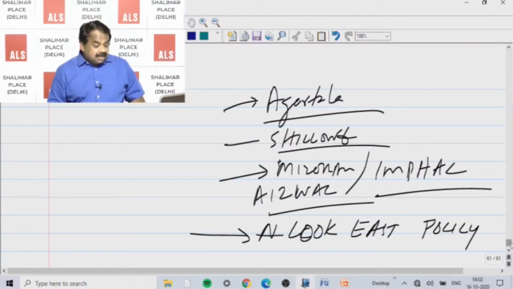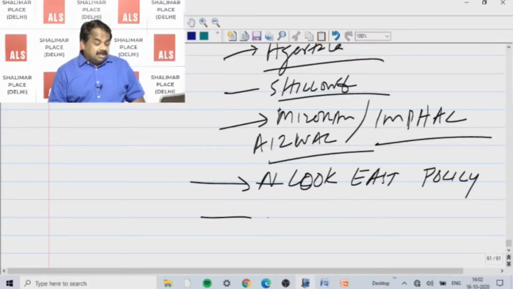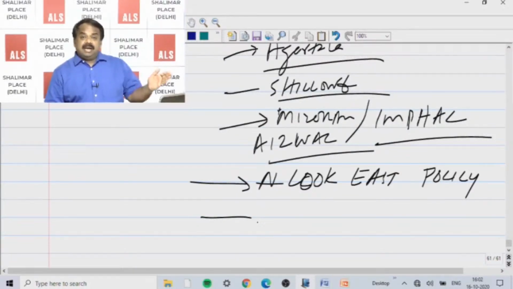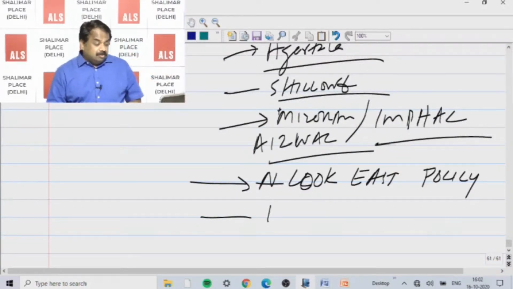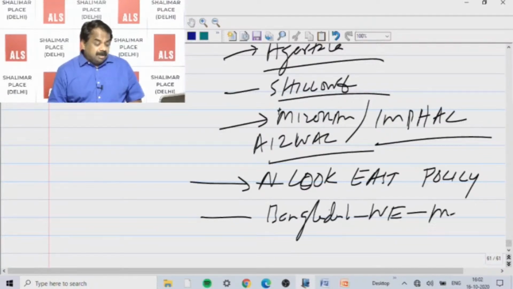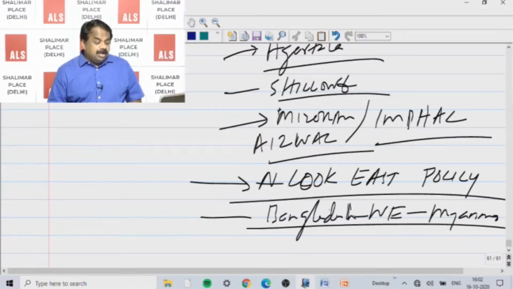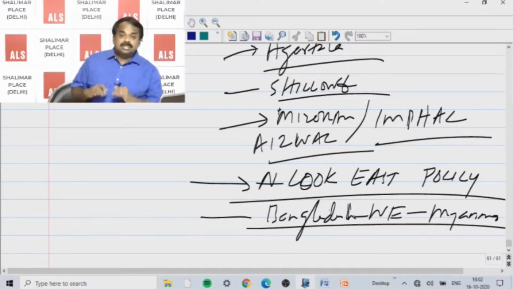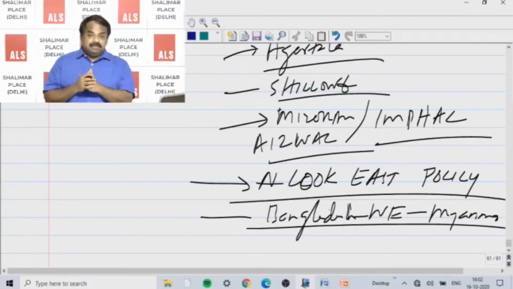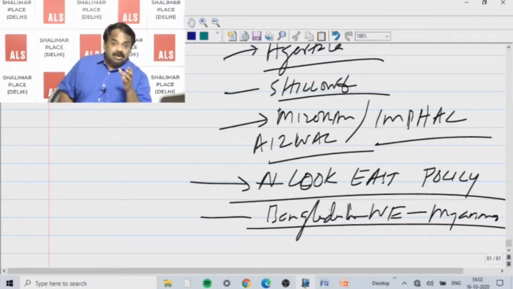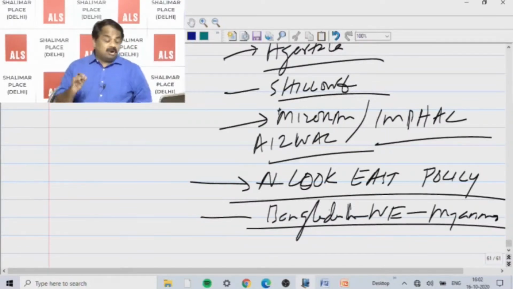And this connectivity can be achieved from the mainland, from the Calcutta region, through Bangladesh to northeast to Myanmar. So this is a very important link, and our Look East policy will succeed only if there is physical connectivity, and this can bring in a lot of employment and economic prosperity in the northeastern states also, and faster economic growth will take place.